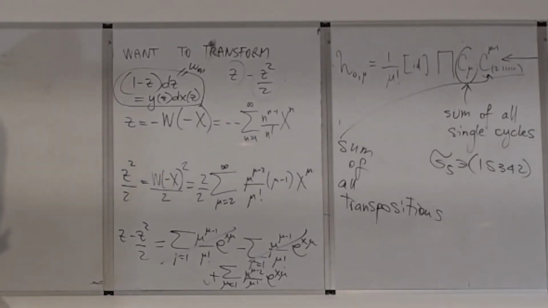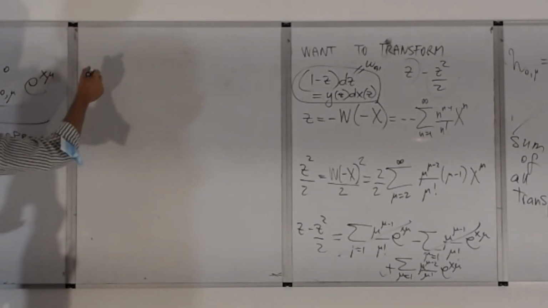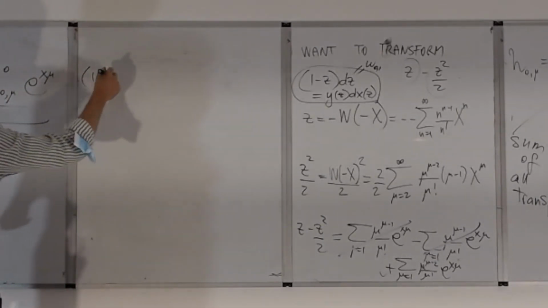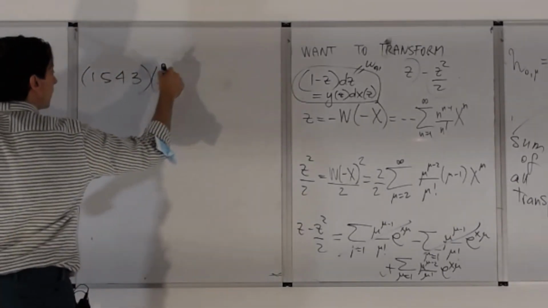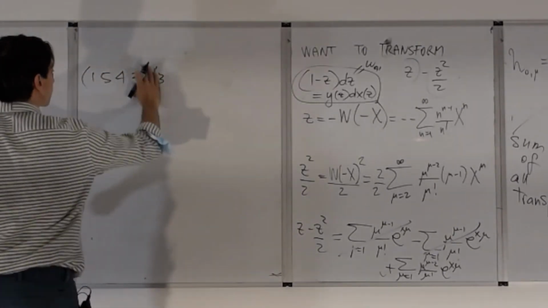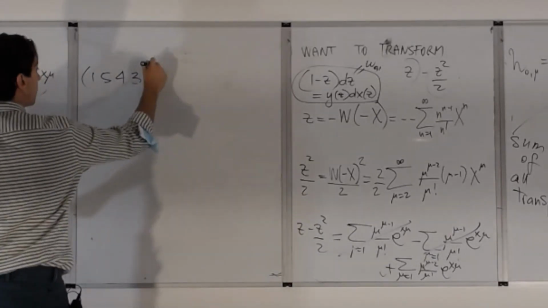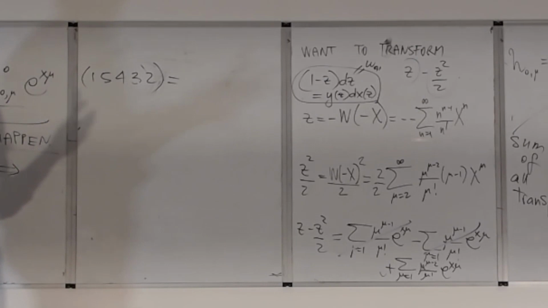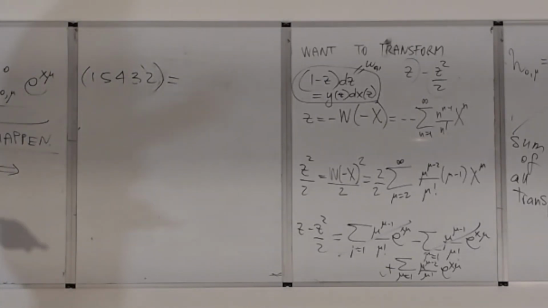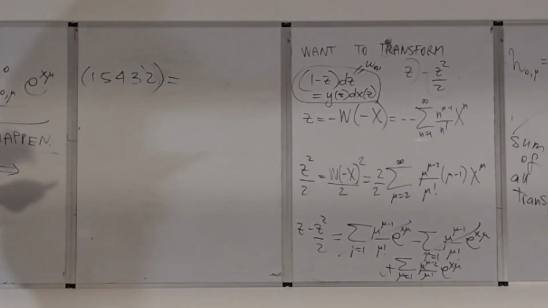When we were at first year algebra, they were telling us that if you have something like 3, 2, anything can be decomposed into products of transpositions. This is our first statement in a symmetric group: anything can be decomposed into a product of transpositions.